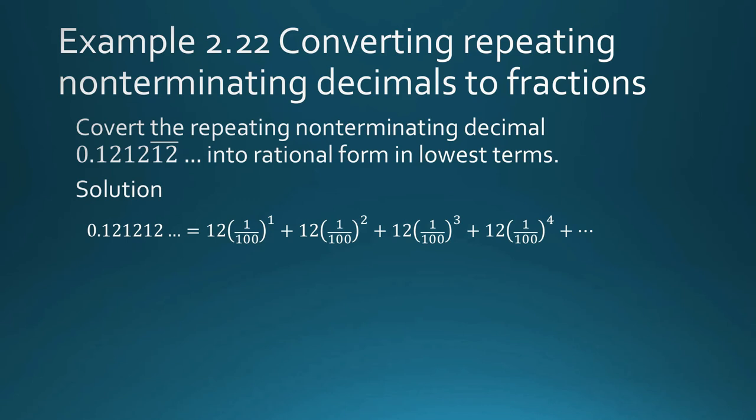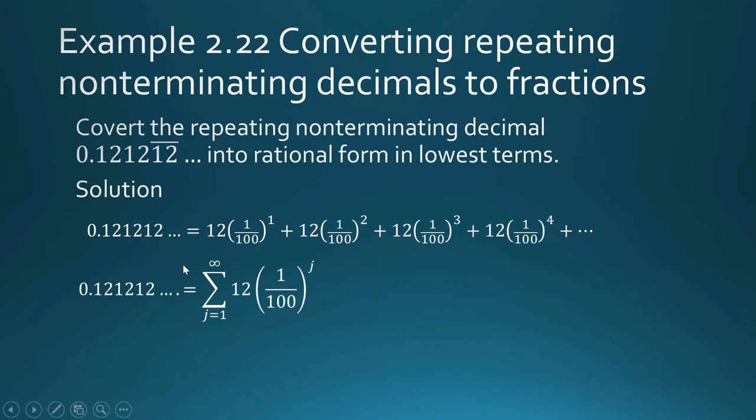Let us now obtain the sum of this geometric series. In the notation for a geometric series using summation notation, this is how you write it. This geometric series converges to a finite sum because the common ratio is less than 1.